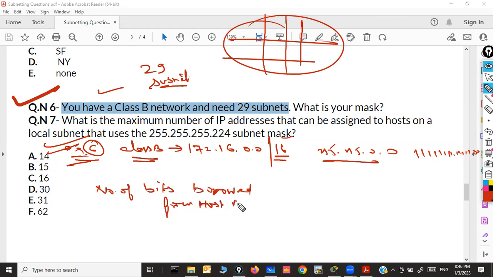How many bits do you need to borrow in order to meet the objective? The objective is 29 subnets, right? So answer the first question first, and then I'll break it down into different questions. Just calculate this only first: the number of bits that need to be borrowed from the host portion in order to have 29 subnets in the major network.